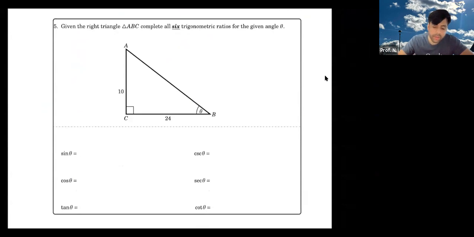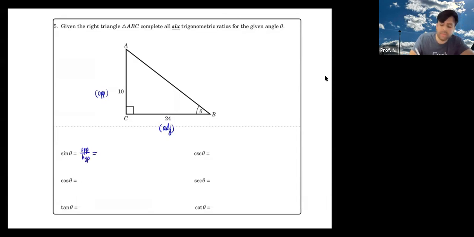And so here we have a right triangle whose opposite side to theta is 10 and whose adjacent side to theta is 24. And I want to find sine of this angle, right? So for sine, I need to find what? Opposite over hypotenuse.